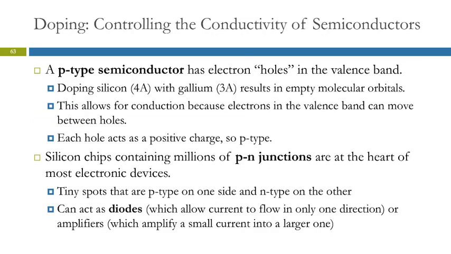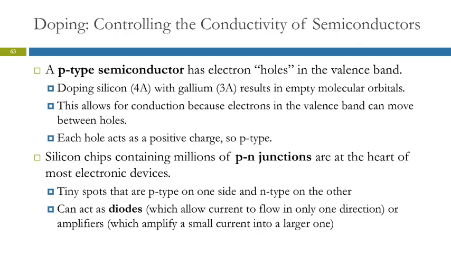The other type is a P-type. It's called P-type because we think of this as a positive charge that's mobile. It's really the absence of an electron. Again with silicon, if you dope it with gallium, gallium's in group 3A, 3 valence electrons. So now the valence band is going to have a hole in it because the gallium atom only brought 3 electrons instead of 4 like the silicon had.